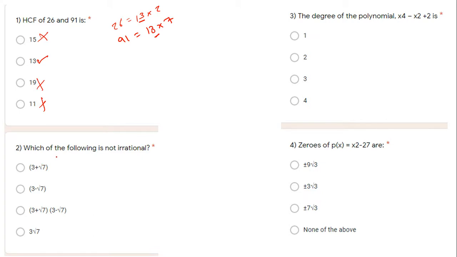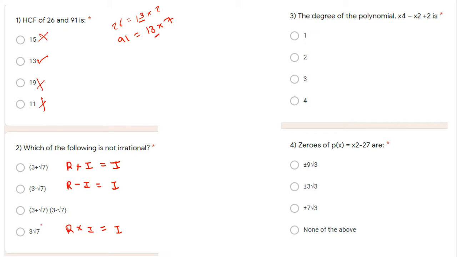I told you before: rational plus irrational is irrational, rational minus irrational is irrational, and rational multiplied by irrational is irrational. If you haven't written this, write it down in your book, because it is a very important thing.